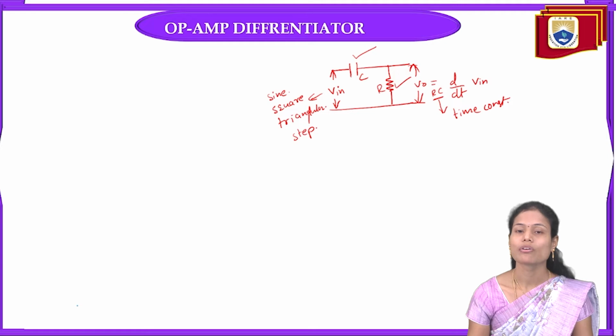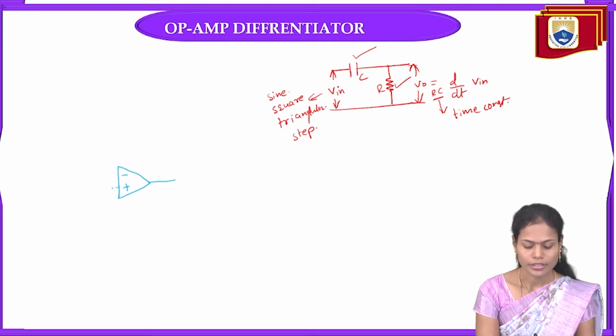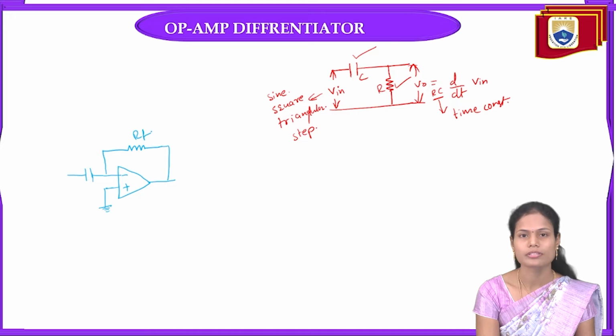The same differentiator circuit can also be designed using the operational amplifier as the active device. I take the operational amplifier with the inverting and non-inverting terminals as the two inputs. The positive input is grounded, and to the negative, inverting terminal I connect a capacitor, with the feedback given through the resistance RF.